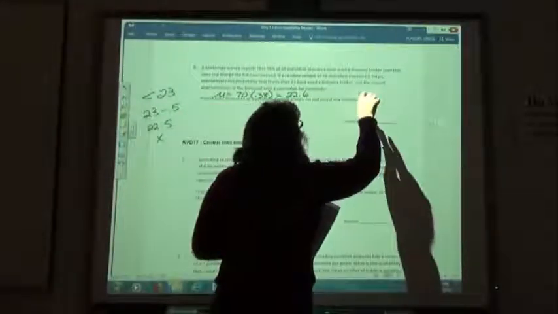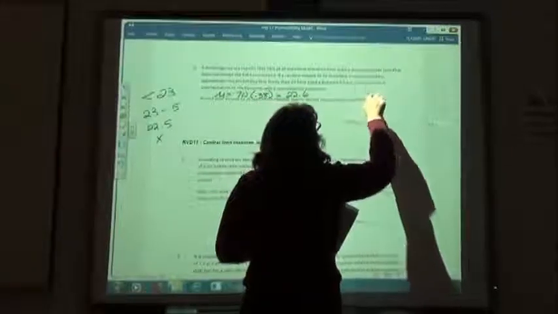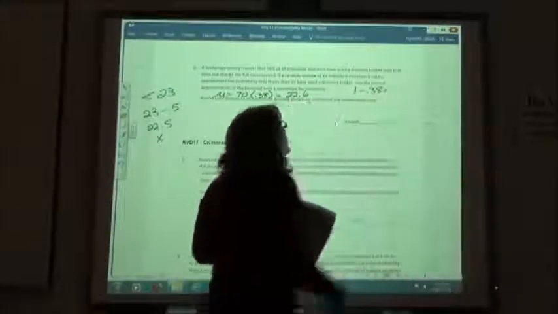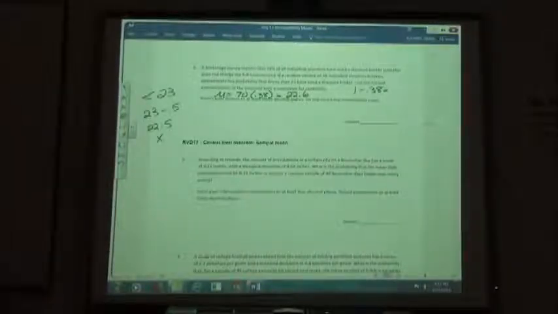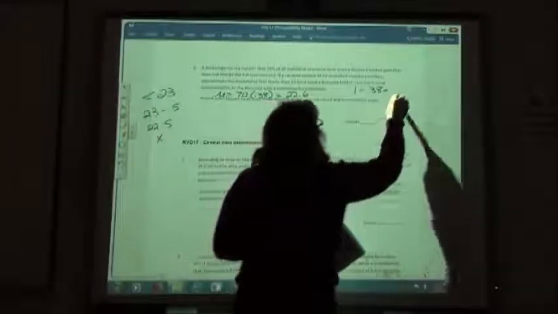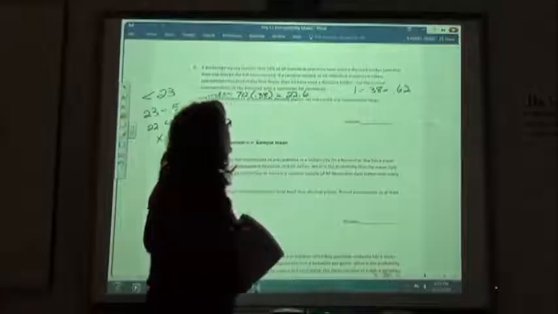I'm also just going to have you calculate 1 minus that 0.38 right away too, since we have to put that in the bottom on our square root. 1 minus 0.38 gives me 0.62. 62%.